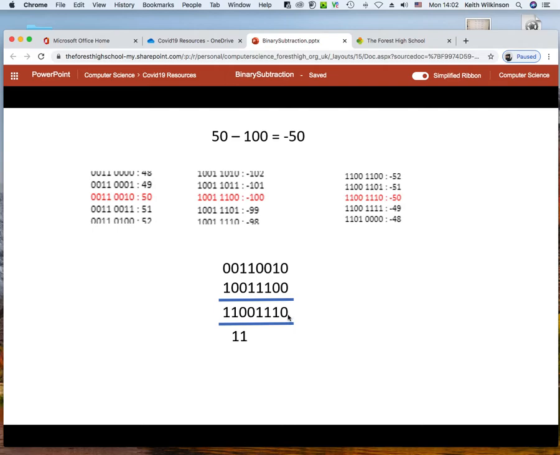And if I go back and take a look in my table for this bit pattern, 1, 1, 0, 0, 1, 1, 1, 0, we can see that that is -50. So that's how to do subtraction using addition in binary.